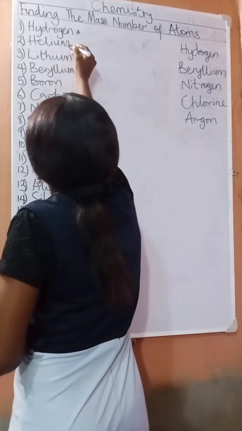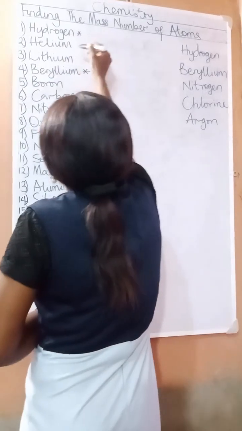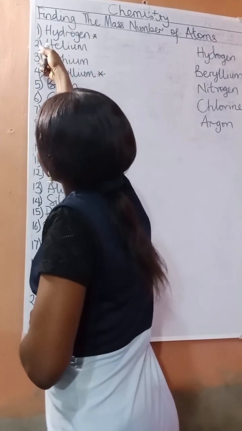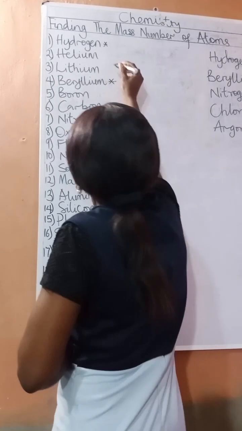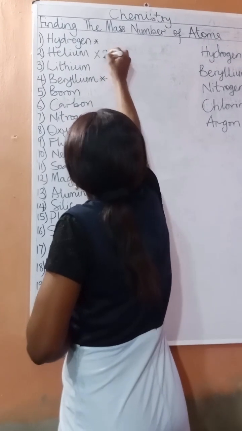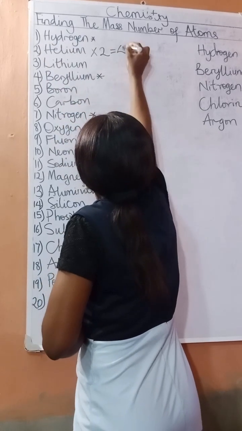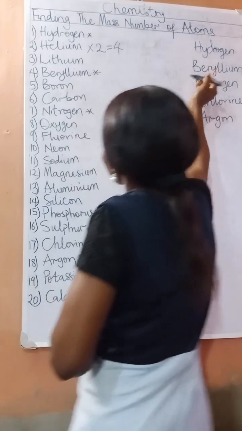The first one here is hydrogen that has been asterisked, so we're not going into that. And the second atom is helium. Helium is number 2, atomic number 2. It is an even number, so we just times by 2 to get the mass number. 2 times 2 is equal to 4, so the mass number of helium is 4.